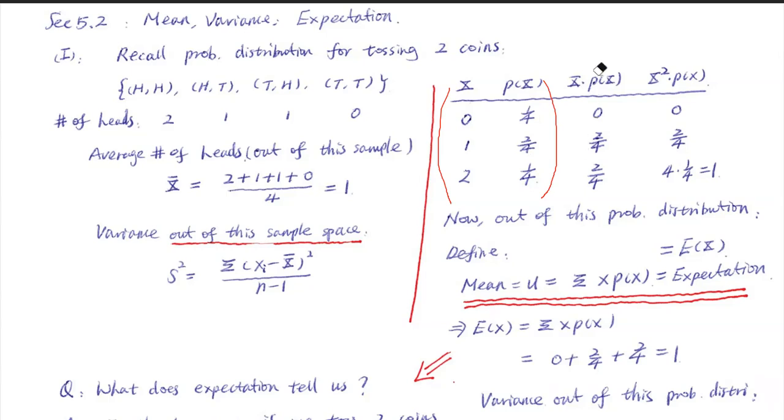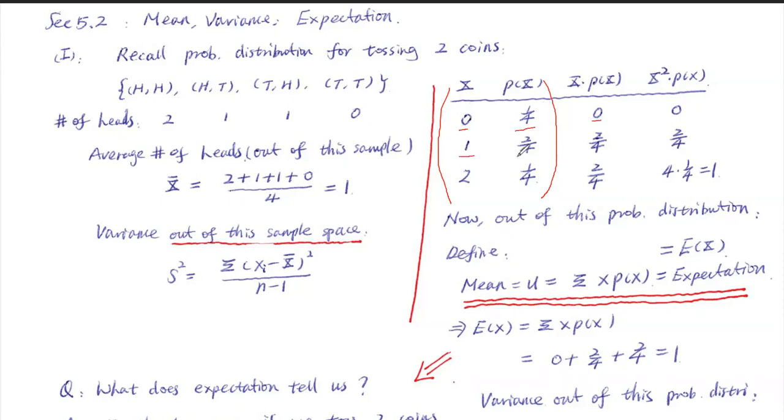Everybody, we are using one more column here, X multiplied by P(X), to help us calculate the average. What do we mean by X multiplied by P(X)? In this case, we are using 0 multiplied by 1/4. That's X multiplied by P(X). Follow me? So we got a 0 here.